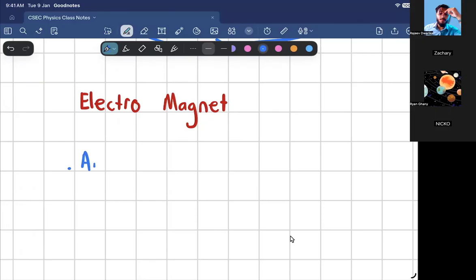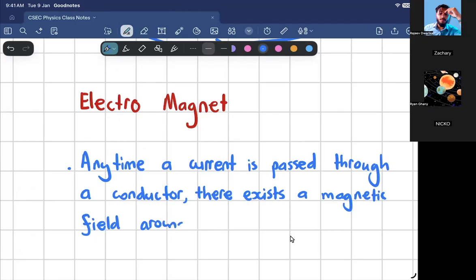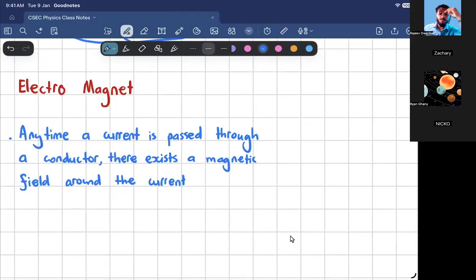So, anytime a current is passed through a conductor, there exists a magnetic field around the current carrying conductor.